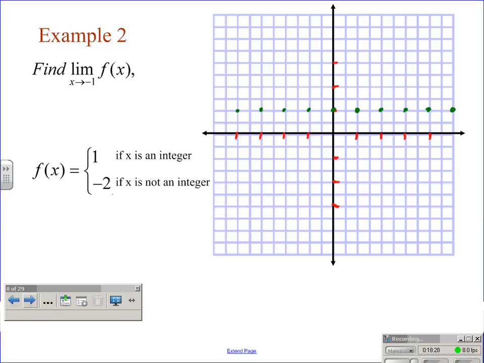Okay. Now, when it's not an integer, f of x is going to be -2. So that's basically everything in between. So we're going to have holes. We're going down to -2. The line -2 is going to be here. Okay, so we're working along that line, and we're going to have holes at the integer values.